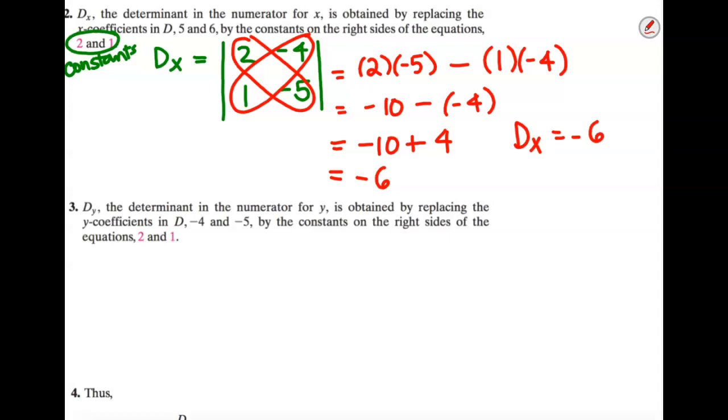All right. Now we're going to find the determinant of y. We write our determinant notation. We're going to replace the -4 and -5 with the constants 2 and 1. So 2 and 1 are going to go here.